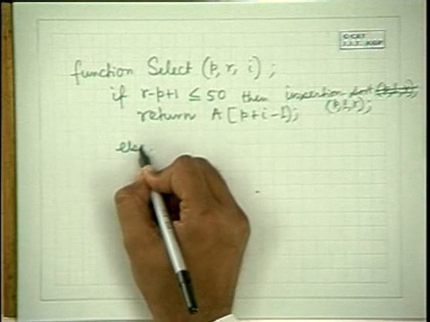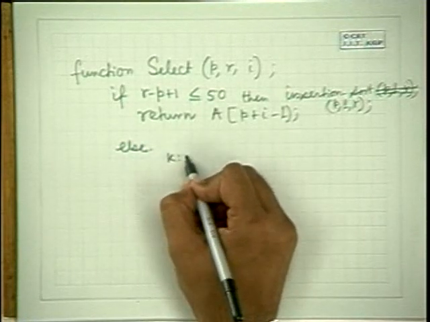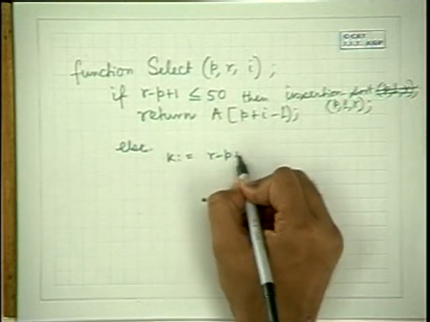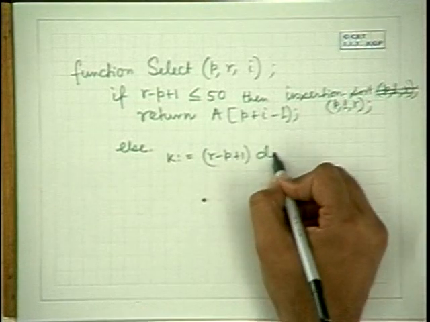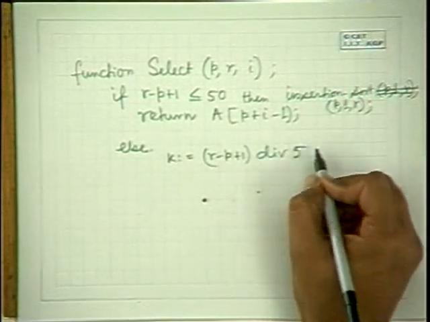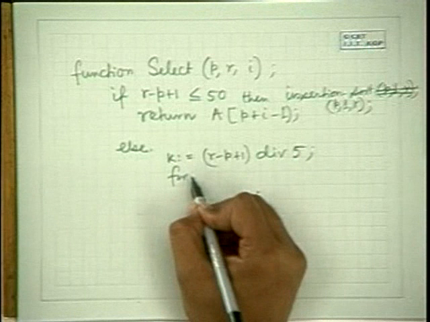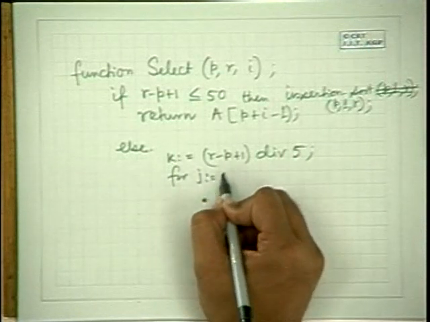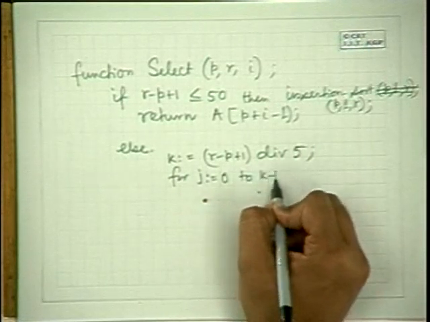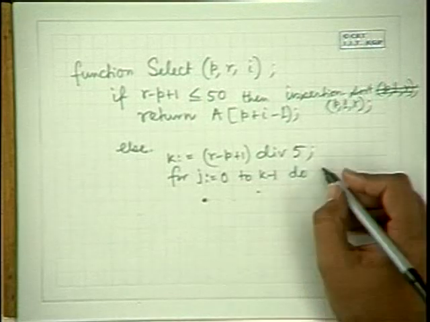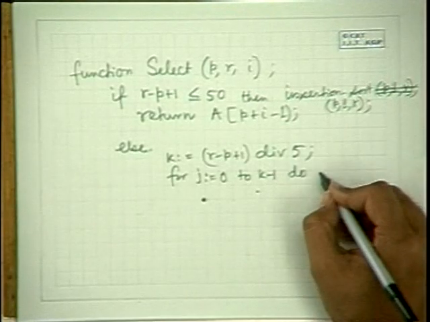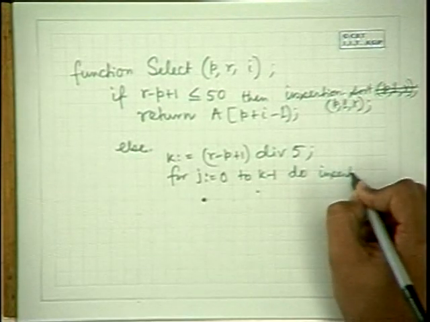Else k is equal to (r minus p plus 1) divided by 5. This is n by 5 basically. For j is equal to 0 to k minus 1, do insertion sort again.